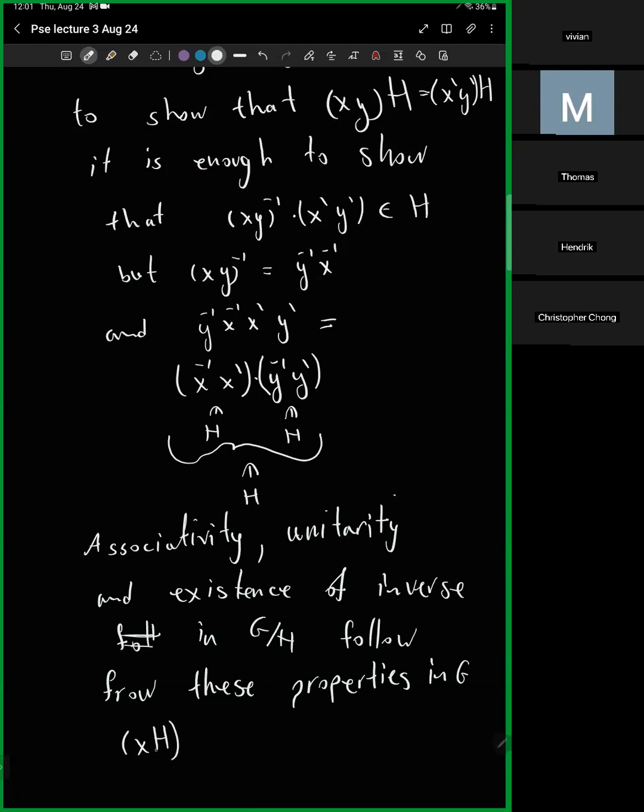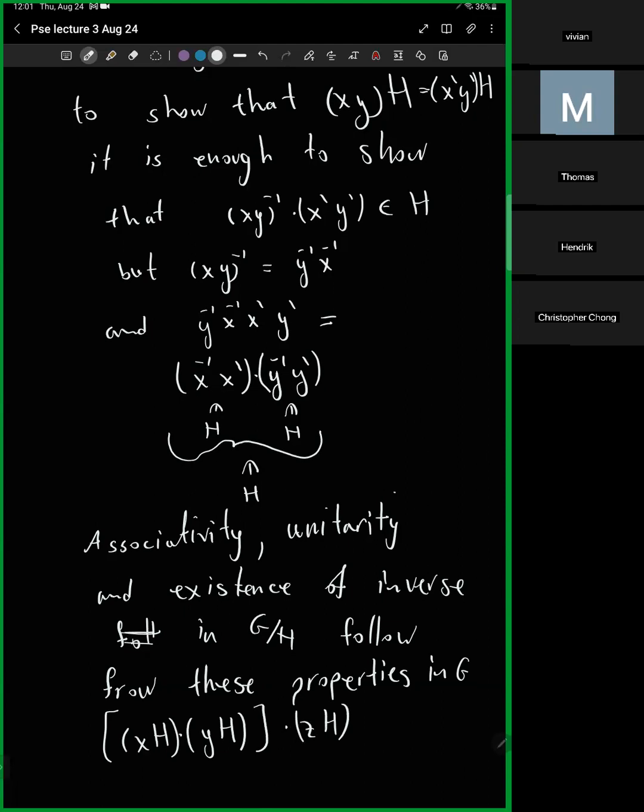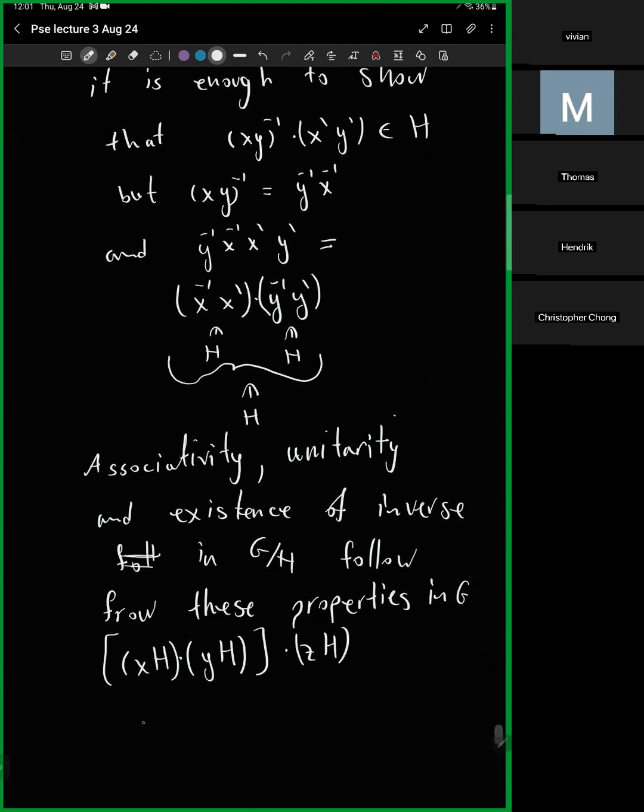You take xh multiplied by yh, and then you multiply the result by some zh. Well, now that we have a well-defined binary operation, this is xyh multiplied by zh, which is xyzh.